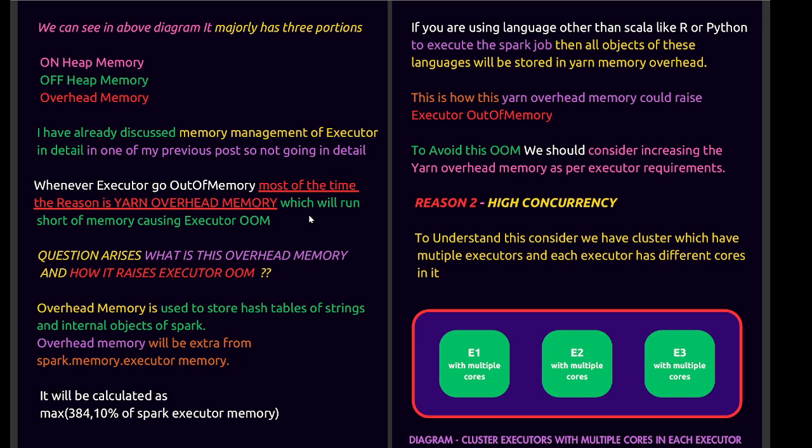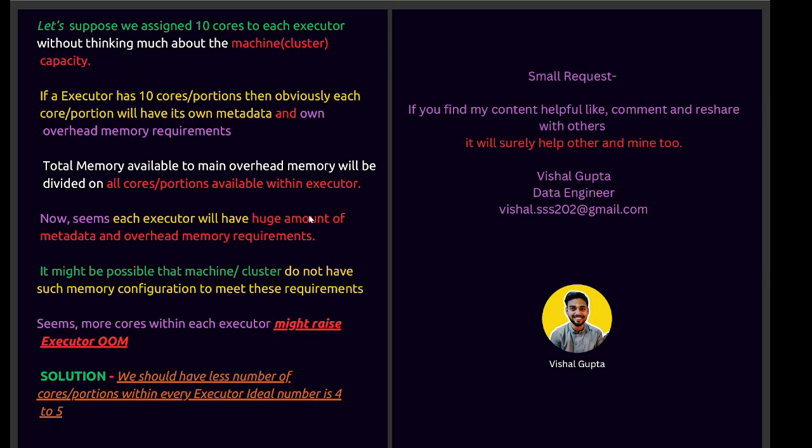The second reason for executor out of memory could be high concurrency. To understand this, we consider a cluster with multiple executors E1, E2 and E3, and all the executors have multiple cores within them. Let's suppose we assign 10 cores to each executor without thinking much about the machine or cluster capacity.